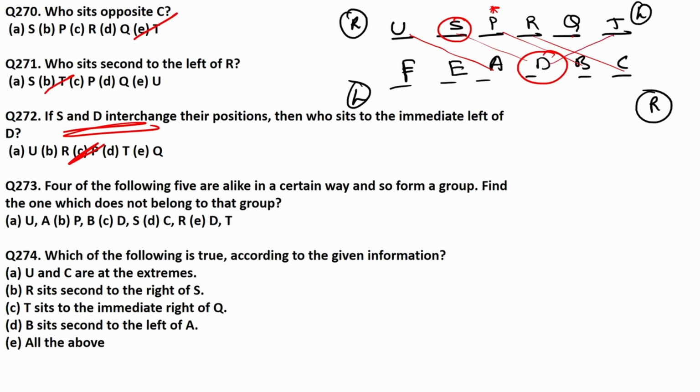Now see guys, we have UA. Next one, we have PB. And we have DS. We have DT. DS and DT. And finally CR. Which one does not follow the particular rule? Why is it different?